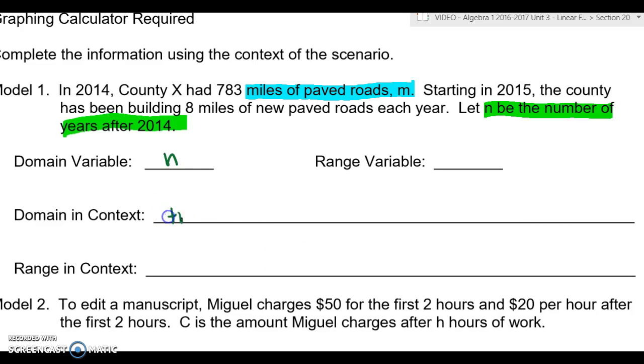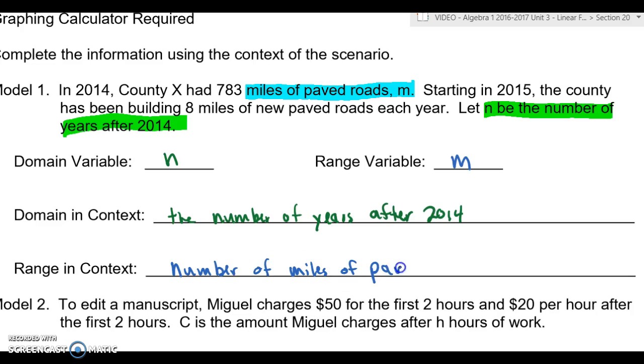Well, it's the number of years after 2014. Our range in this case is M. And in context, it's the number of miles of paved roads.